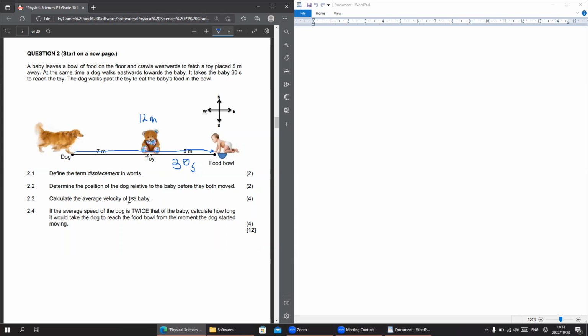And they say calculate the average velocity of the baby. As you can see, the baby is gonna take 30 seconds to reach the toy. And you know that your average velocity, V average, is gonna be equal to the displacement divided by the change in time.